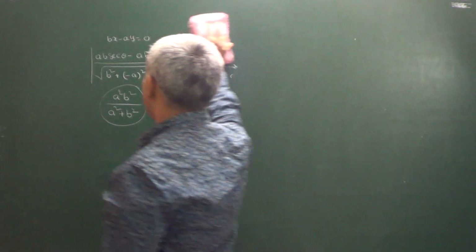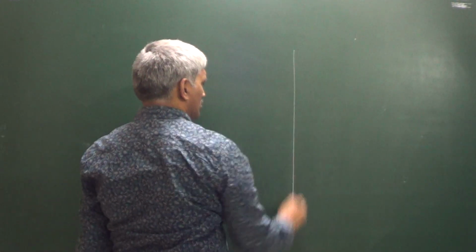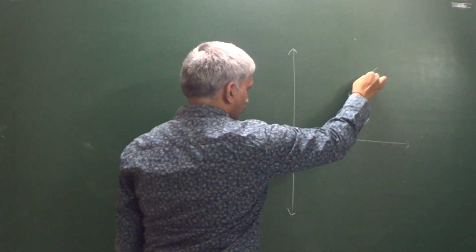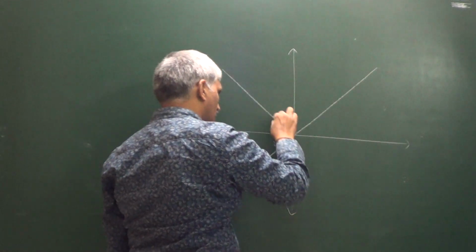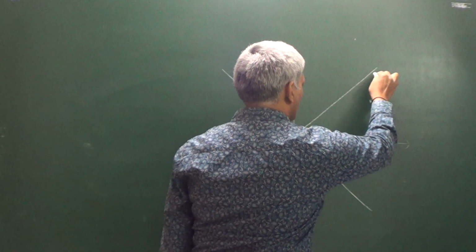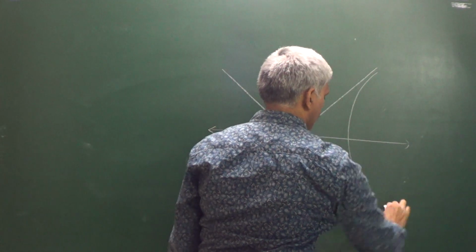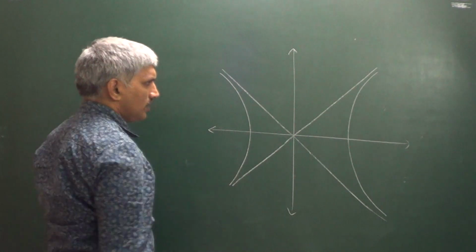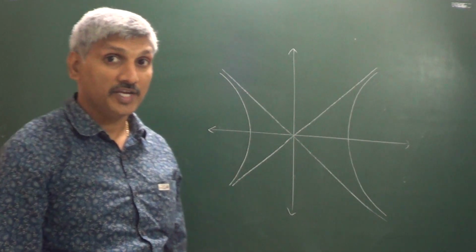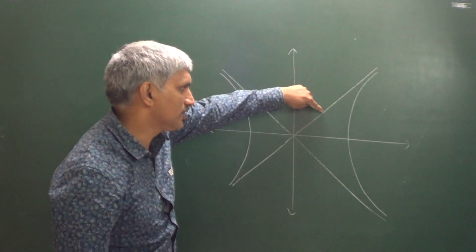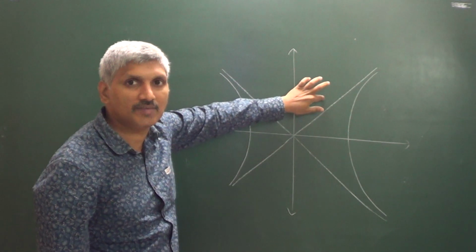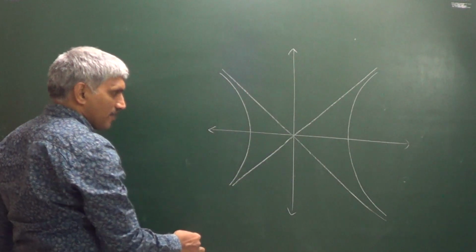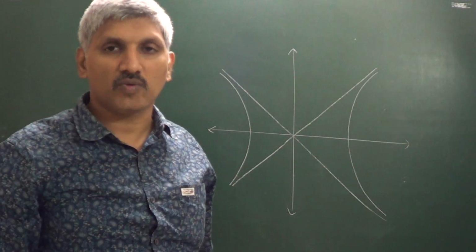Next, another important point here. We are seeing the asymptotes, right? So this is one asymptote and this is another asymptote, and let us say this is the hyperbola. A line parallel to the asymptote, you can draw anywhere, meets the hyperbola at exactly one point.